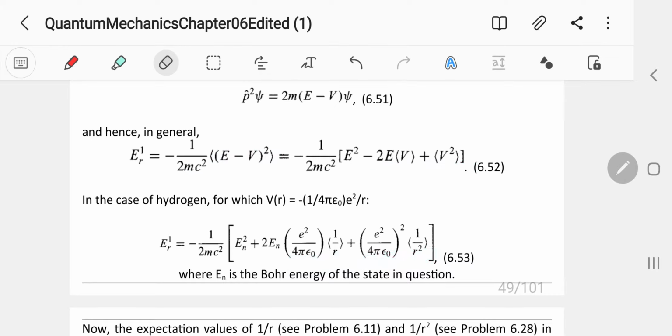So it will depend, like n would be 1, 2, 3, and so on.